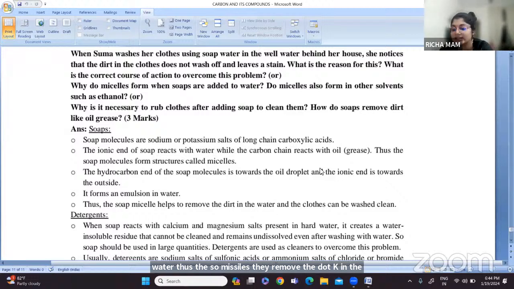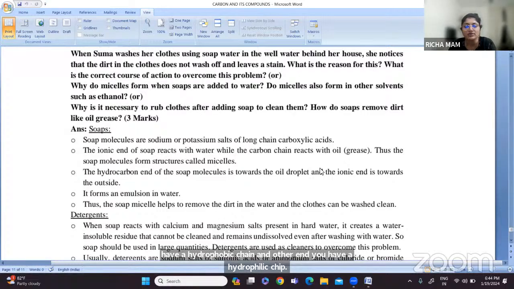So this is the cleansing action of soap. It is a long chain of fatty acid. One end has a hydrophobic chain, another end has a hydrophilic chain. The ionic end of soap reacts with the water, while the hydrophobic chain is attached to the dirt part.